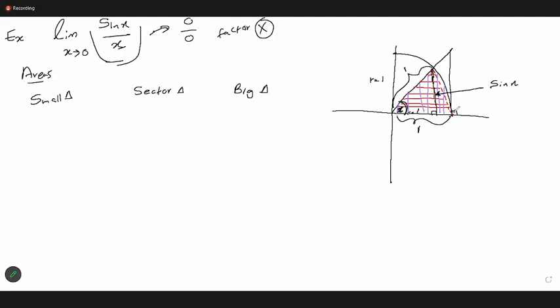Okay. Then we need to find the value of this height here. Can you do this?